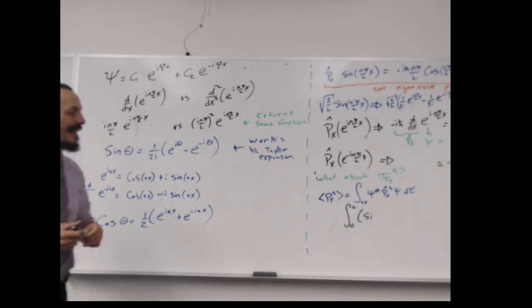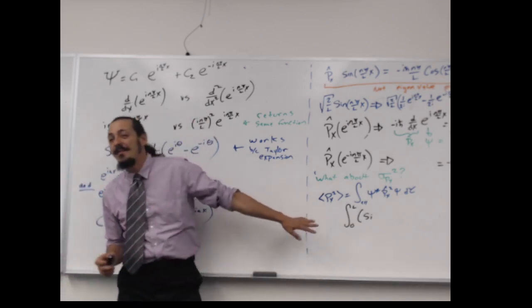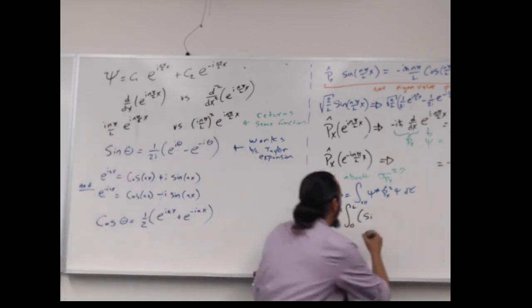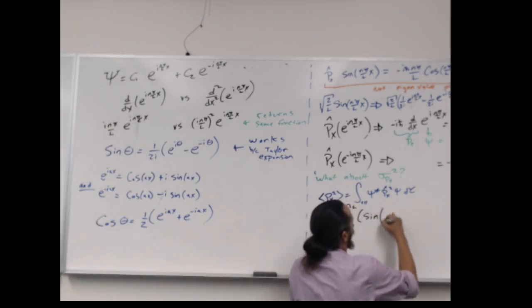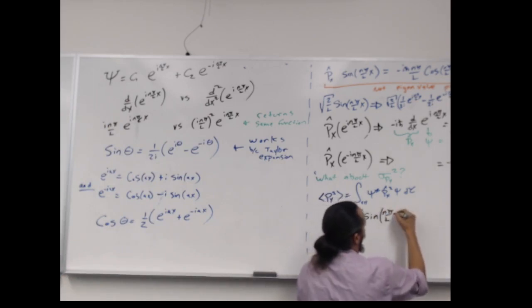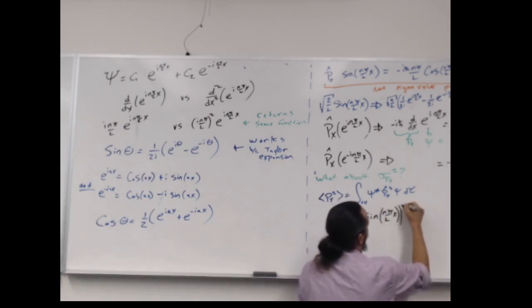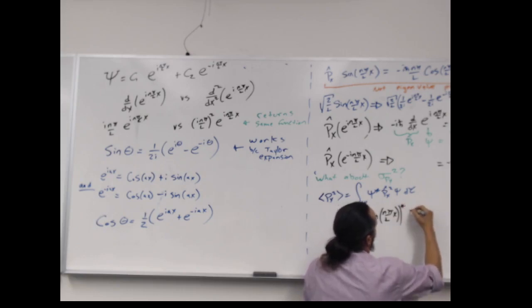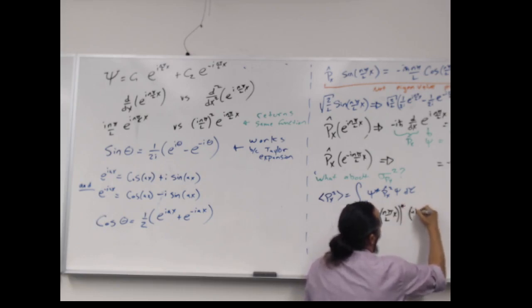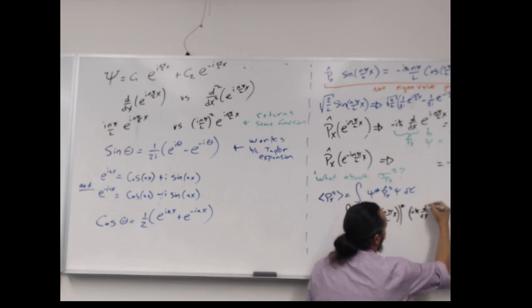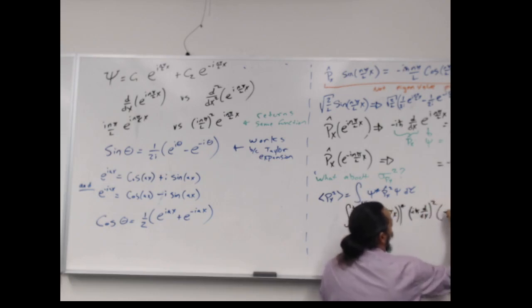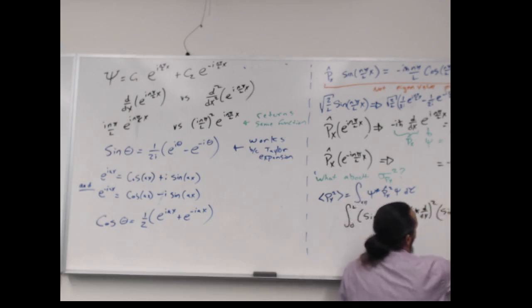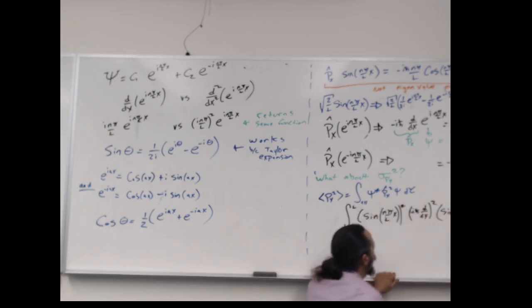Okay, so again, switching back to sine because it's mathematically easier. We get the integral of sine n pi over L x, star, negative i h bar d by dx squared on sine n pi over L x, dx.